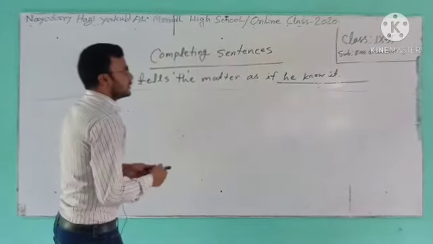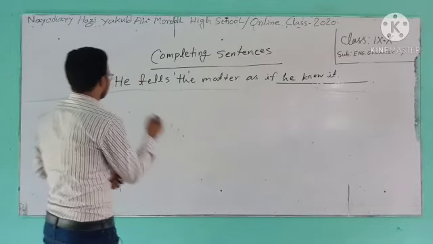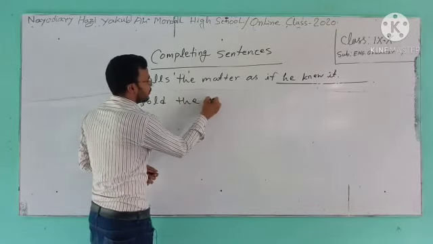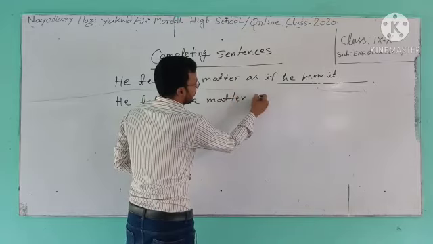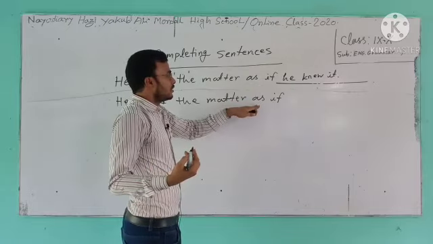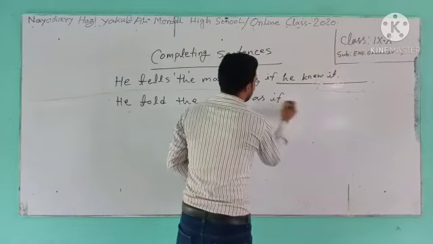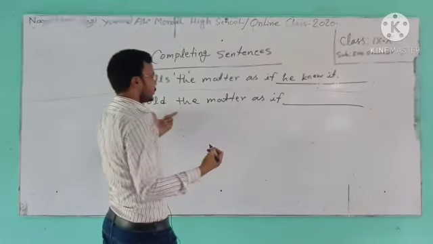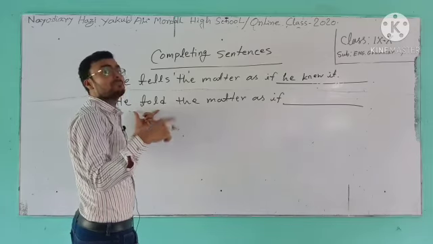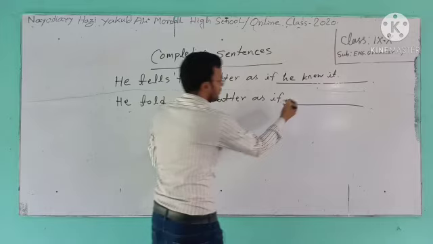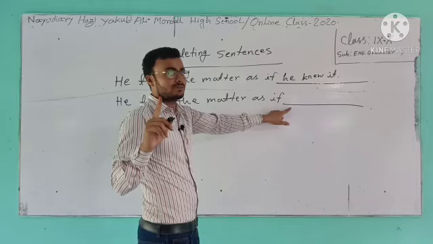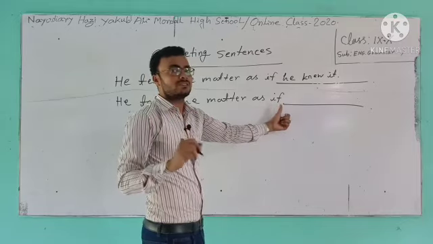If you look at another example, he told the matter as if, or here you can also use "as though". He told the matter as if. Look at the verb told. That indicates past tense. So here the tense will be past perfect.